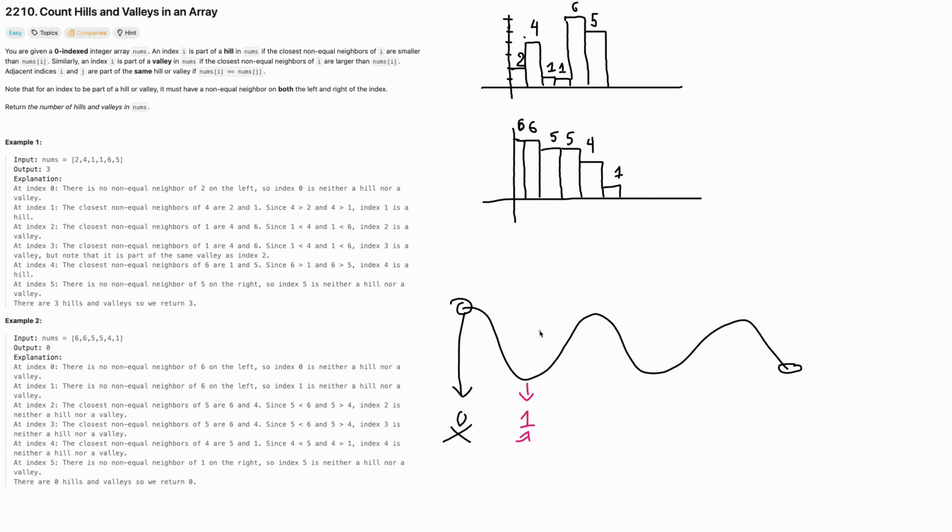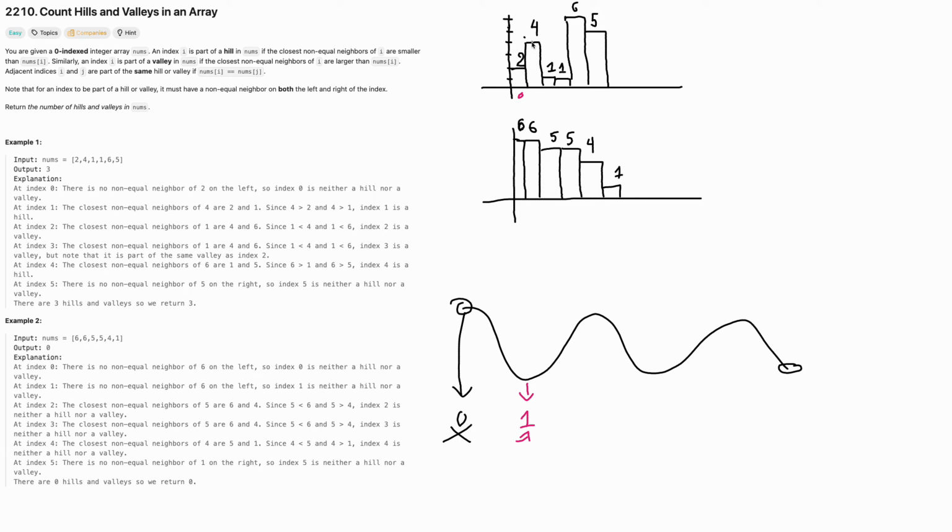We just need to make sure we understand the definition of the hill and the valley. In this case, this one is index 0, and we will not consider it, so we start from here.